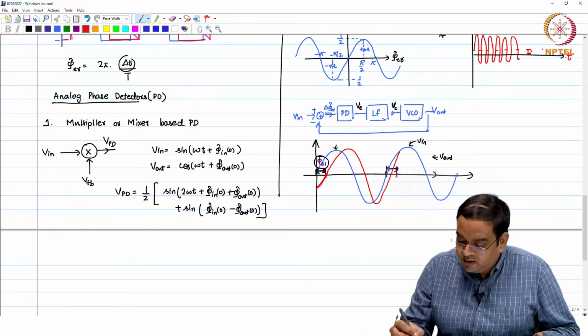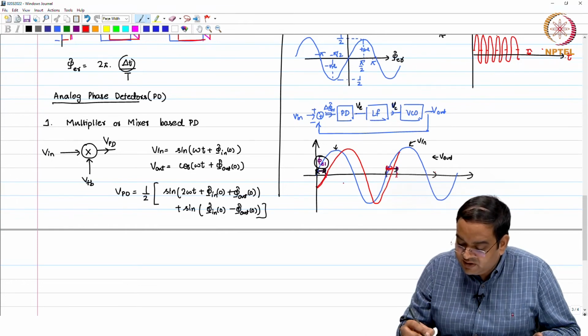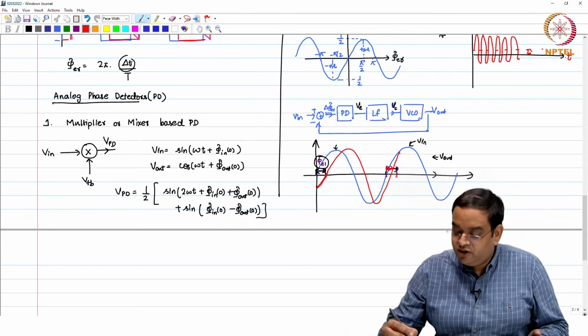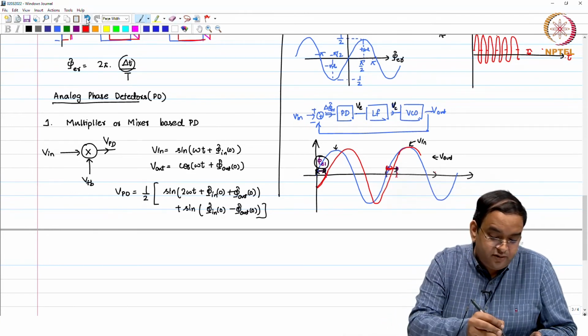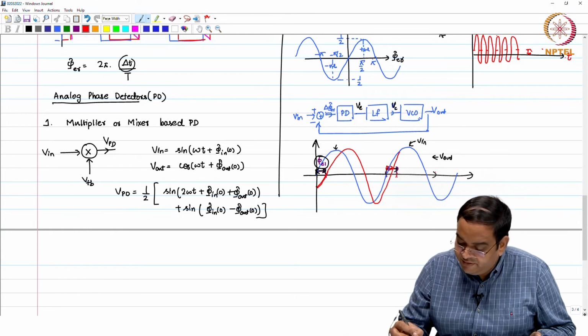If I increase the VCO frequency, then the time period should reduce, right. The time period reduces, but you still detect the phase error here.